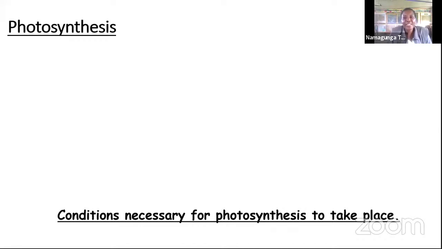We are pronouncing the second word coming from the word photosynthesis. Synthesis. Very good. All of us, synthesis. Very good. Okay.